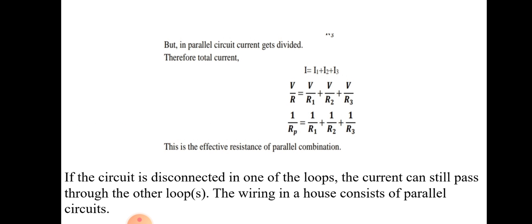Now in parallel circuit, the current gets divided and therefore the total current will be I is equal to I1 plus I2 plus I3. And we have already found the values of I1, I2, I3. So just substitute them in the formula. We will get V upon R, which is equal to V upon R1 plus V upon R2 plus V upon R3.